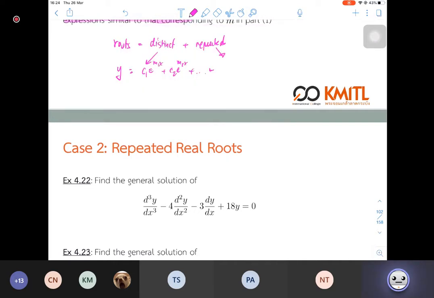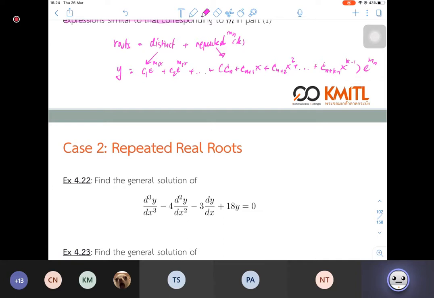For the root repeated k times, this is going to be, let's say, plus c(n+1) x plus c(n+2) x squared until, let's say, c(n+k-1) x to the power of k minus 1, and then e to the power of mn x.